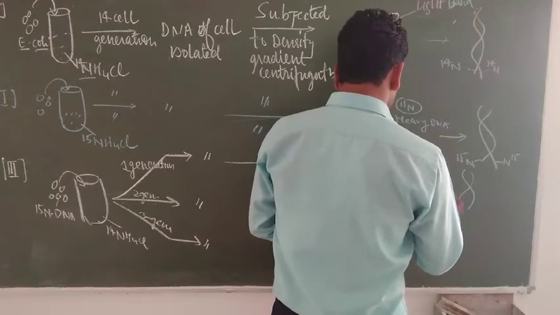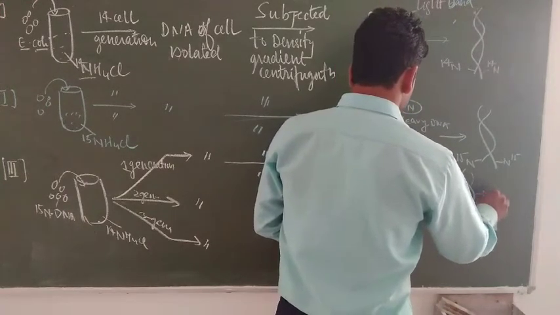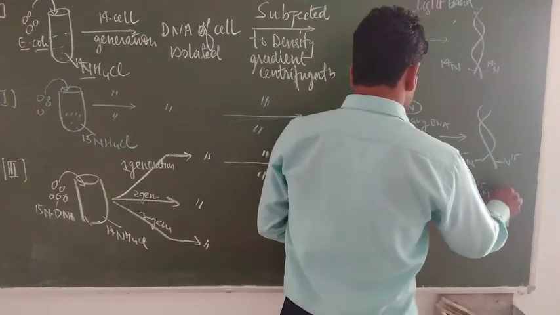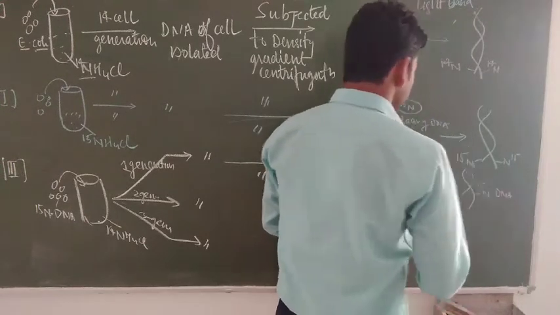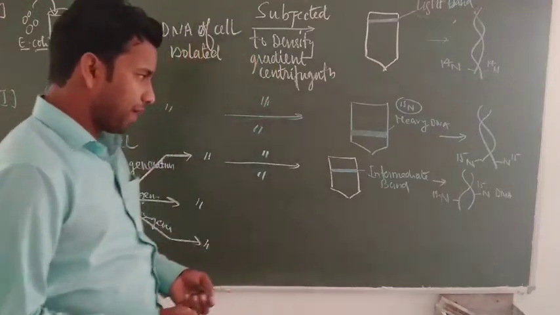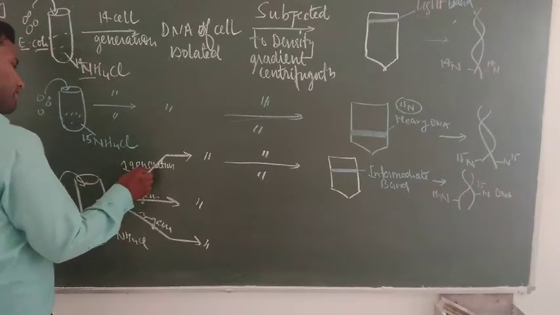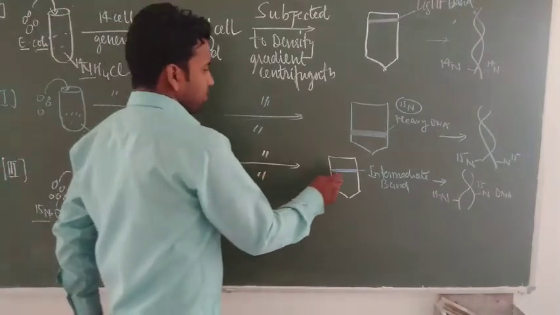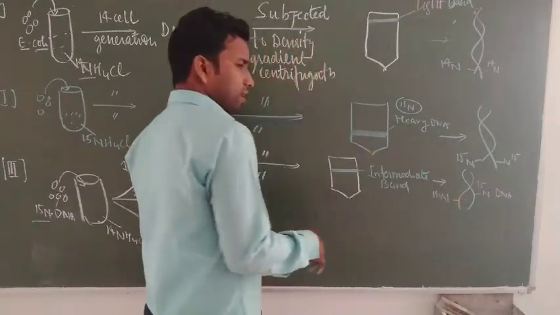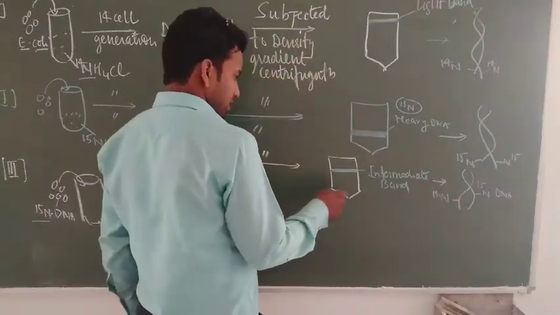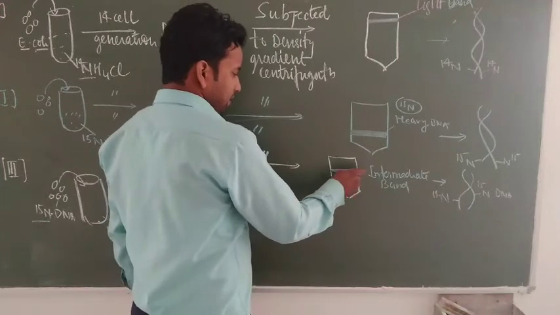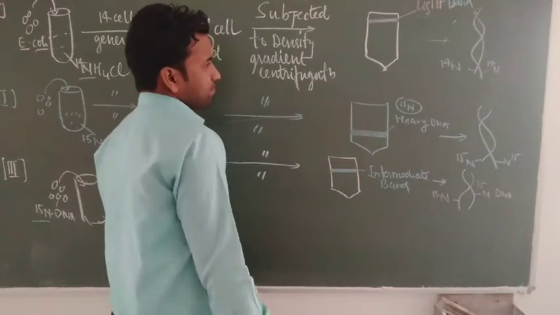This is an N14 DNA and this is an N15 DNA. It means the parent E. coli having nitrogen 15, grown in media containing nitrogen 14 for only one generation, forms only one copy, of intermediate band.